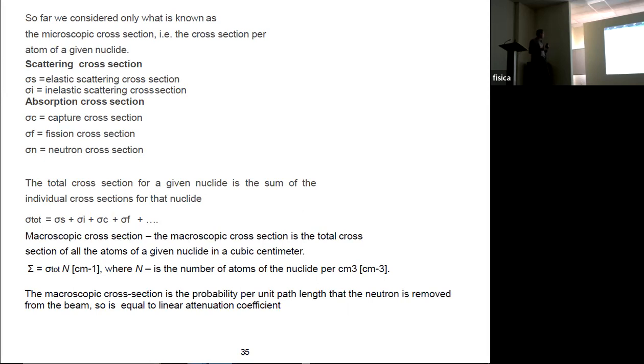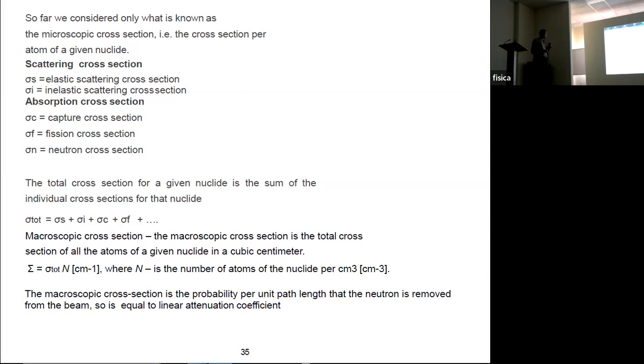For example, there are scattering cross sections, elastic and inelastic scattering. We have absorption cross section, capture, fission cross section, fusion cross section, and the total for a nuclide is the sum of all individual cross sections for that nuclide. If we sum all cross sections, in this case, we will get the total cross section.